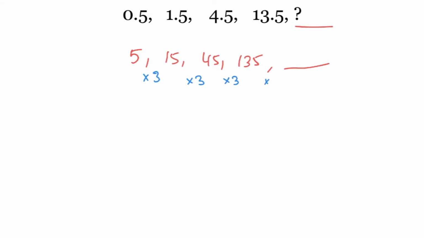0.5, 1.5, 4.5, 13.5, and find the missing term. This is similar to 5, 15, 45, 135 and so on. 5 into 3 is 15. 15 into 3 is 45. 45 into 3 is 135. 135 into 3: 3 into 5, 15. 3 into 13, 39 plus 1, 40. 405.